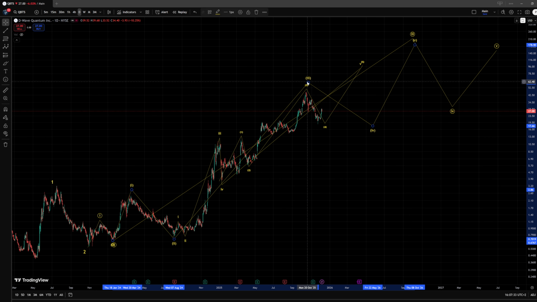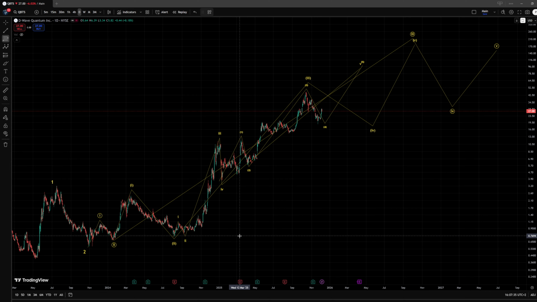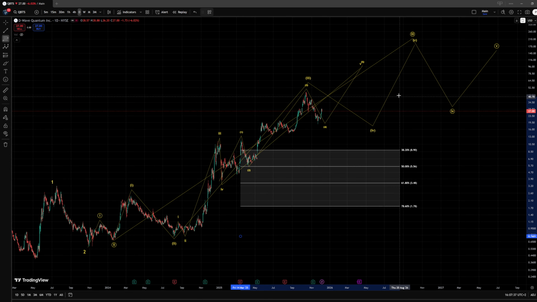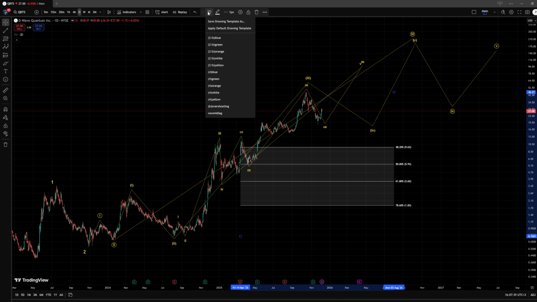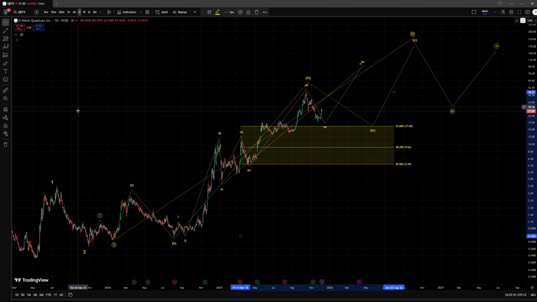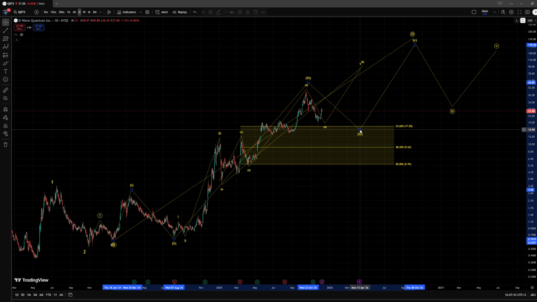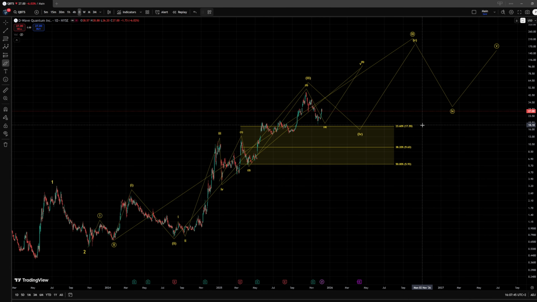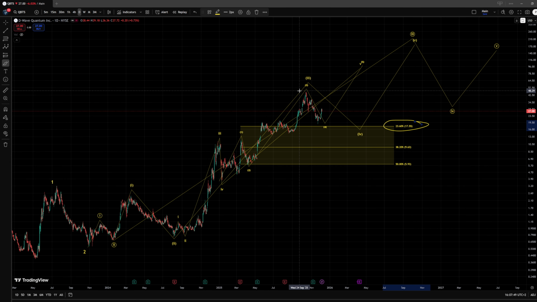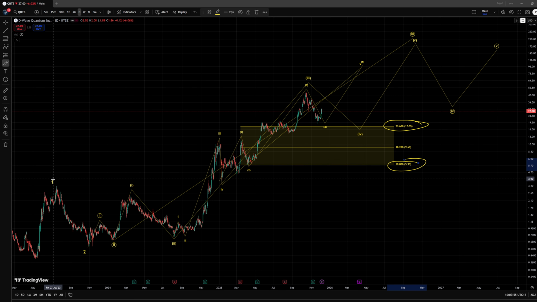Now I want to show you once again, if we had already formed the wave 3 top here, we should be prepared for an even more significant correction, where the area of support for this larger wave 4 will only start at the $17.6 level, and we wouldn't have even reached that level just yet. Not only that, it goes all the way down to the $5.9 level at the 50% retracement.